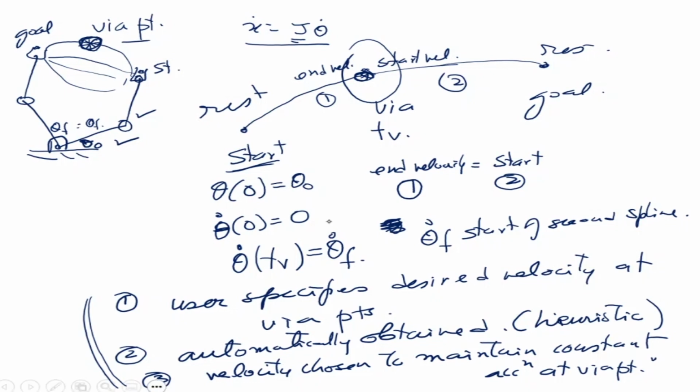In that case, we need to specify the velocity by the user, or satisfy the constraint that at that via point the accelerations will be continuous for the switchover which is taking place at the via point. So with this, we have discussed via points and trajectory planning using cubic polynomials.